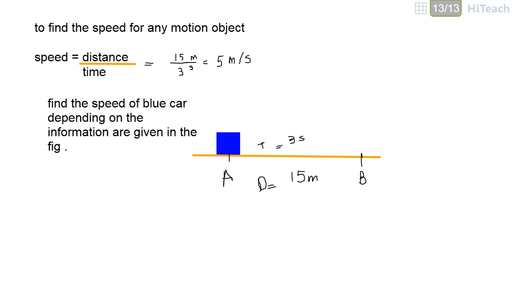Let's take another example, how to find the speed. Here still I'm talking about objects. I'm not talking about waves, okay? I'm talking about objects in general. Look at this question now. I'll give you another example.